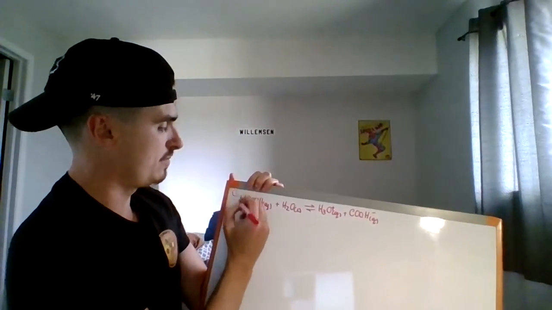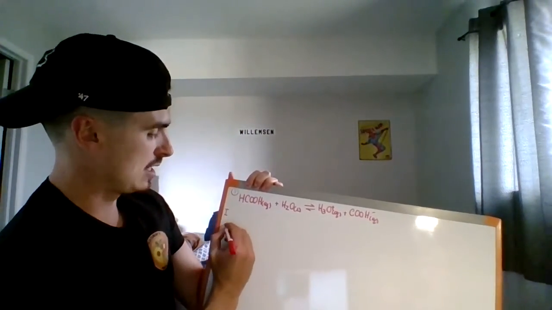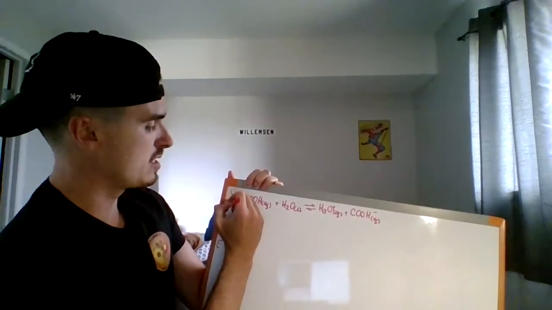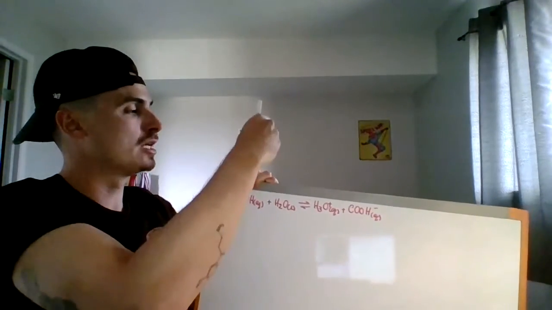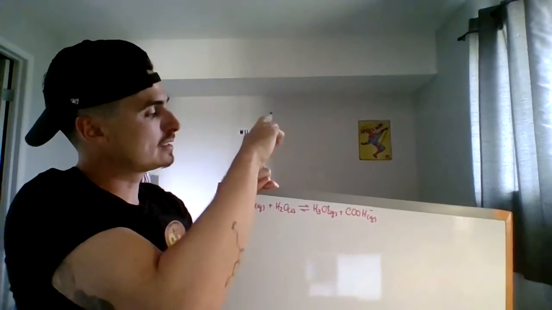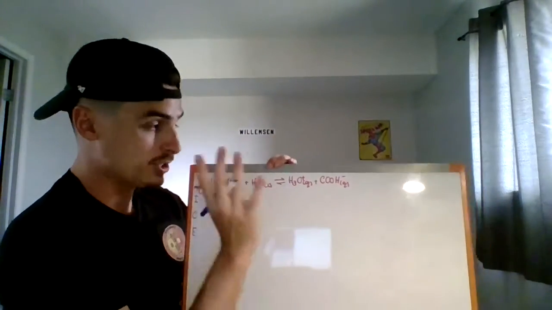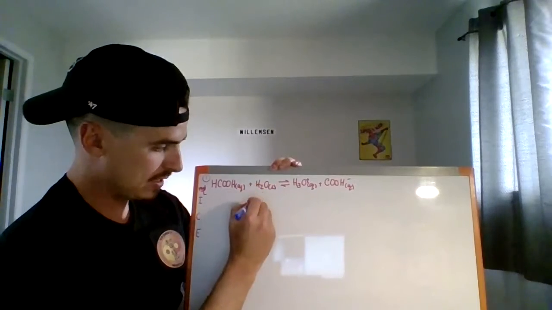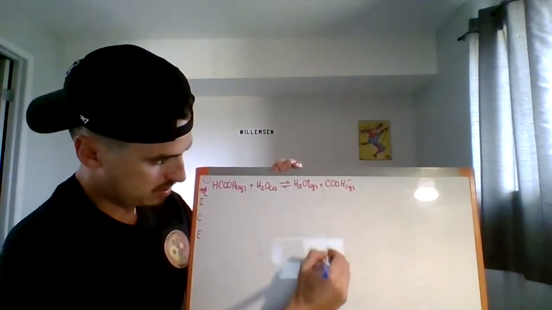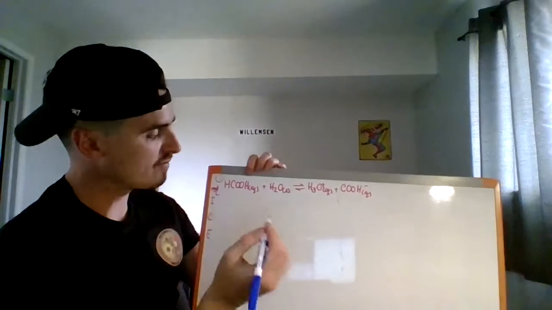Again, this is step 1. It's an ICE table, so I've got to put ICE right here. I'm going to put moles per liter up here so I can just put the numbers in. So it wants pH, so I want the concentration of hydronium. Initially, all I have is the acid.